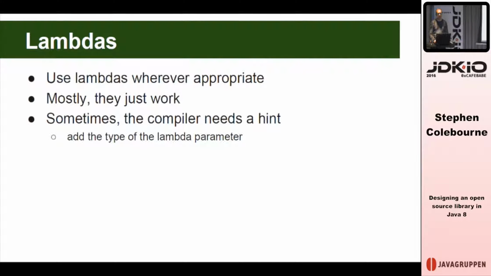So my advice is generally just use lambdas wherever they are appropriate within your system, and they will mostly just work. Now, sometimes you'll find a case where the target typing won't work. So you might need to add back in the types of the parameters. So where we've had that person P1, person P2, there will be occasionally cases where you need to remove that.